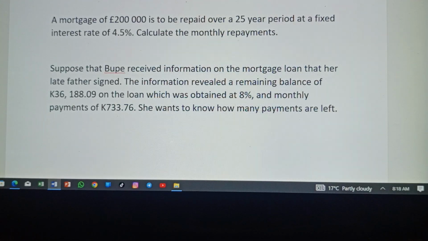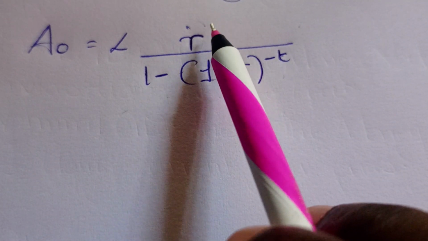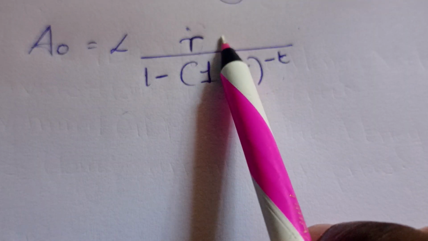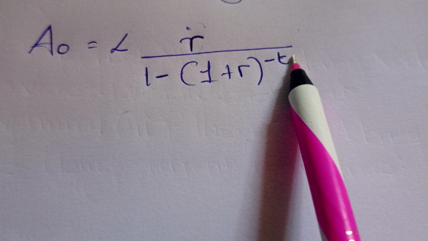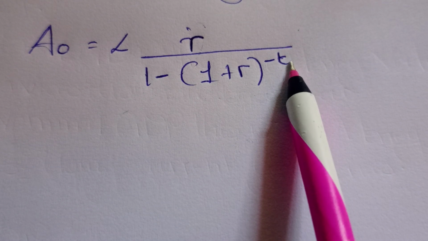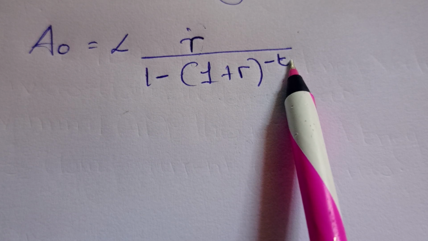Remember, this formula here can be manipulated by dividing the rate by M, and also multiplying the time by M. Remember, M is the number of compounding periods. If you check the question that we had, a loan of 200,000, it says calculate the monthly repayments.